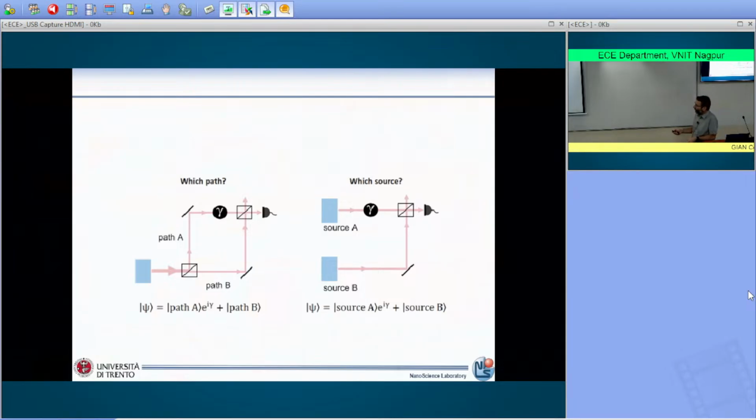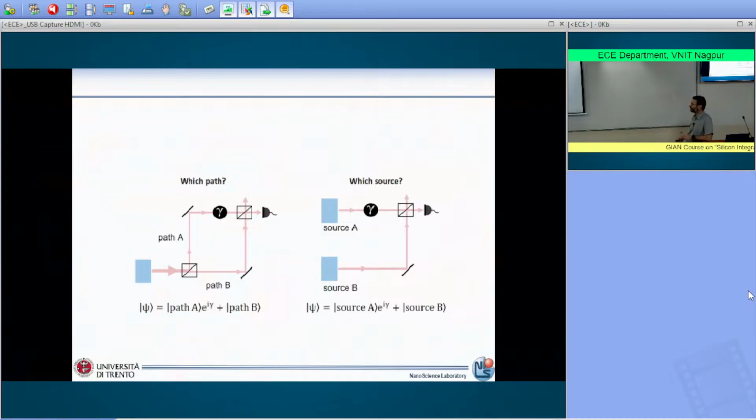But now the photon can be generated by this source or the photon can be generated by this other source. But the description of the physics is exactly the same. So it's not different. The only difference is the fact that instead of considering the path here, we are considering the source. It can be generated by this or can be generated by that. The result of the measurements at the end is the very same quantum interference diagram.